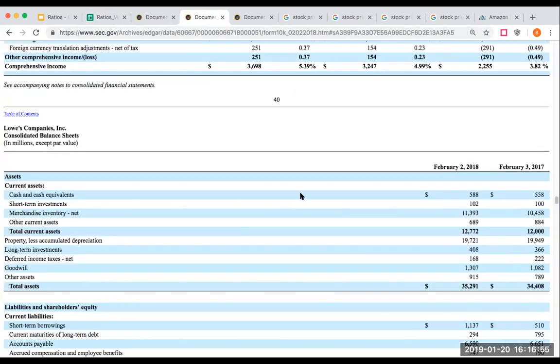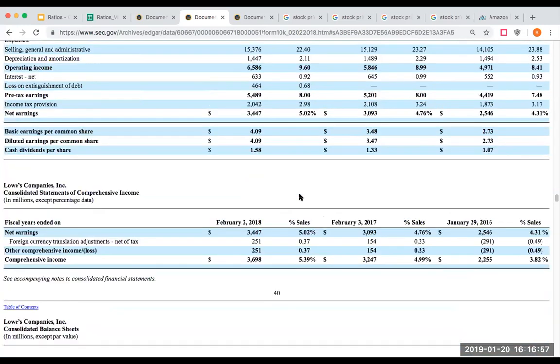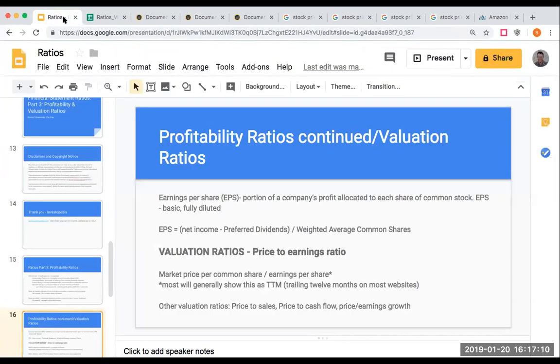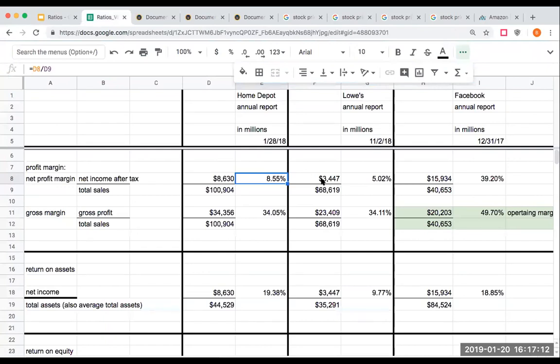Here for Lowe's, their net margin, or net profit margin, is going to be their net earnings of $3.4 billion divided by their net sales of $68.6 billion. So we go over here, 3.4 divided by 68.6.